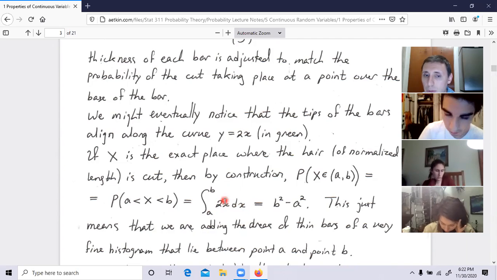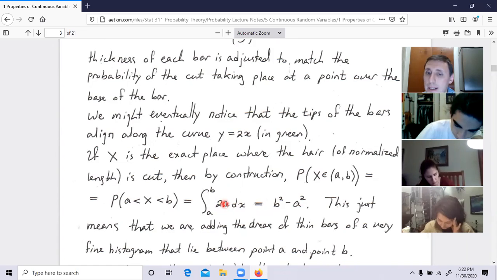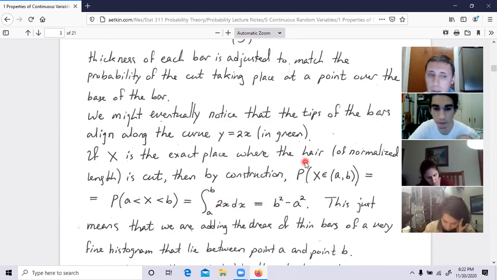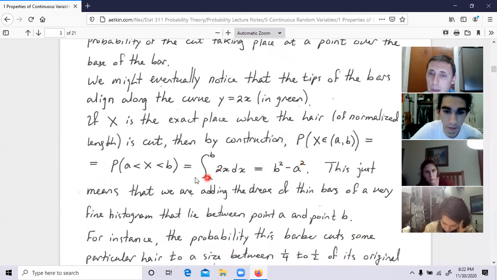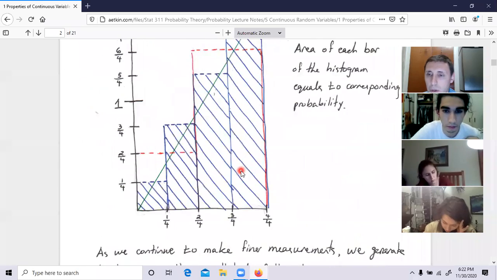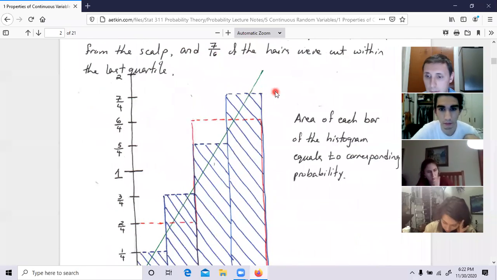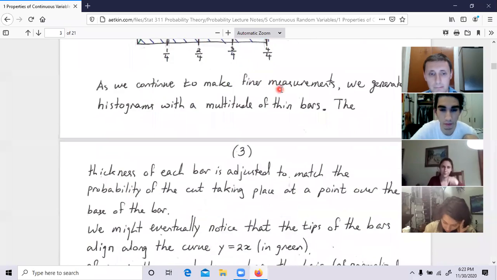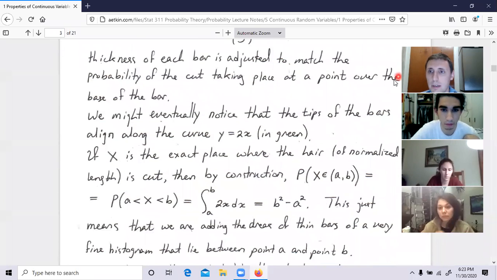Right? And that would be, because we know how to integrate 2x, b squared minus a squared, because the antiderivative of 2x is x squared. Good? Are you with me? You understand how I was able to push it through, guys? If you need more explanation, it's very important for you to grasp it. Let me know that you understand.